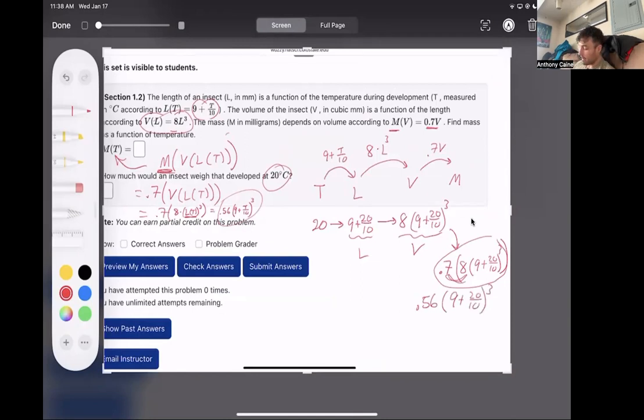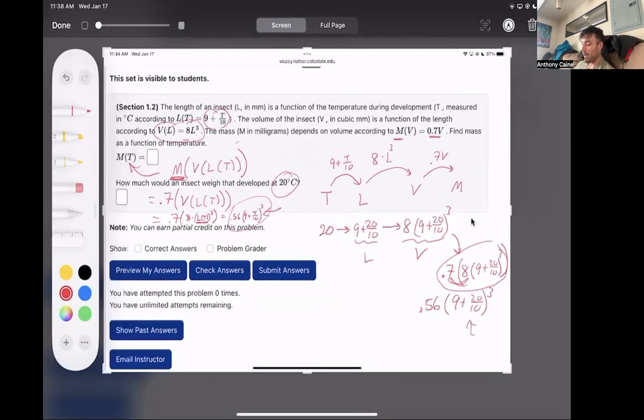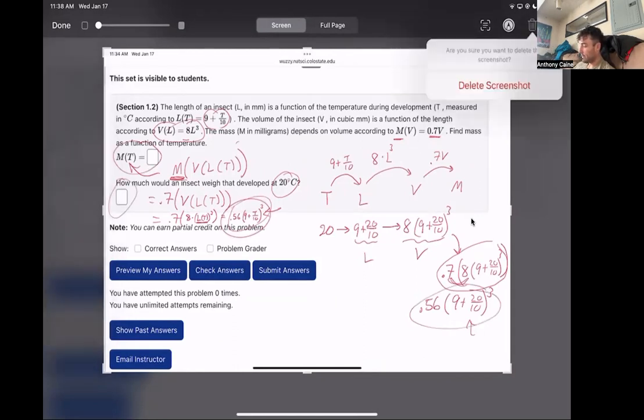The difference is here I left t as a variable, and here I plugged in 20. These are the two answers respectively. Let's go ahead and enter it in.